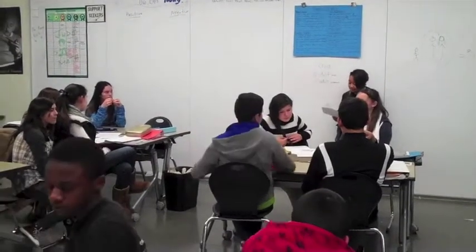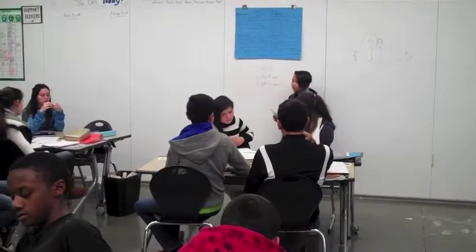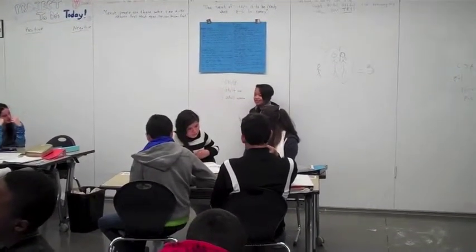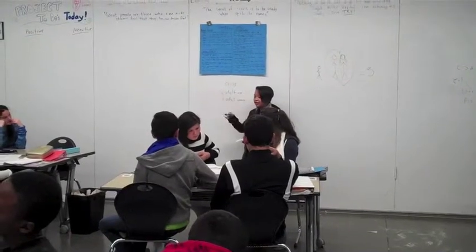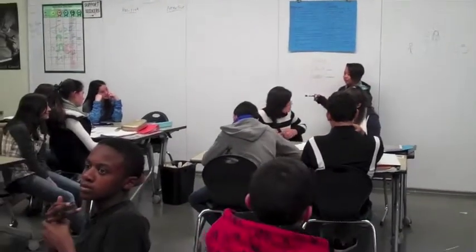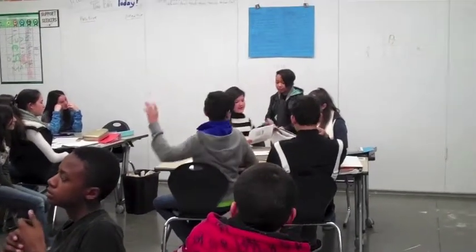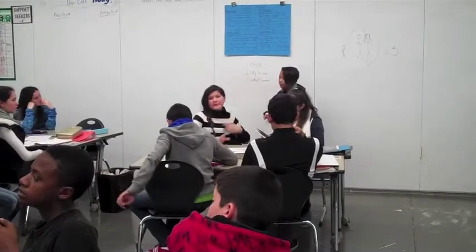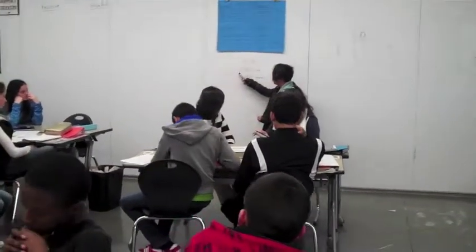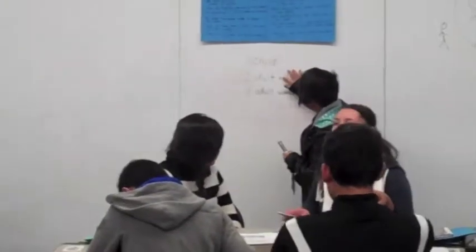Lily, explain. I wasn't hearing the conversation over there. Can you explain to the class what was the conversation over there? They said there has to be at least as many adult men as adult women. So then I changed my number to 2 adult men and 1 adult woman.